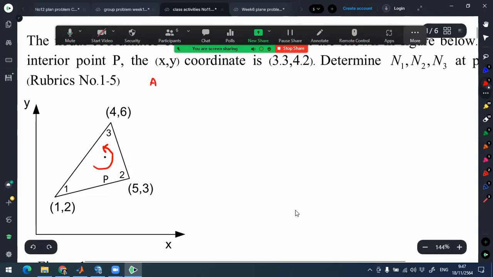For the area, you may use the formula that I already supplied, or you may do it like this. Actually, if we know the coordinates, we can determine it using this formula also. This may be easy to remember.